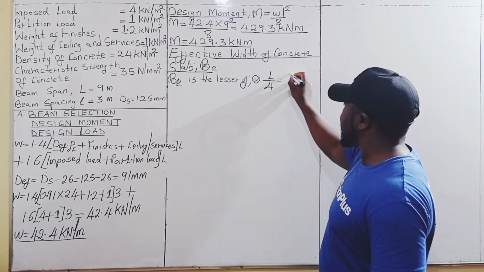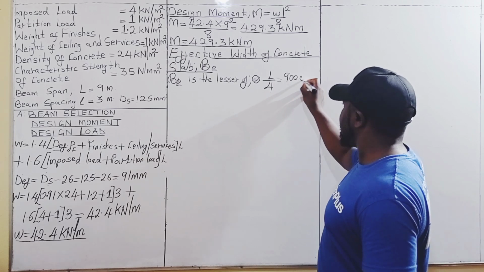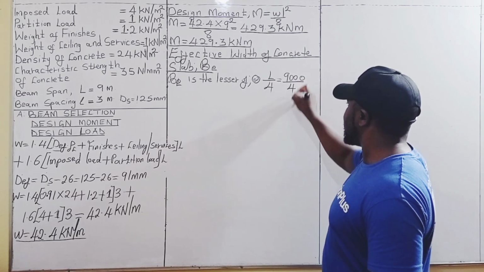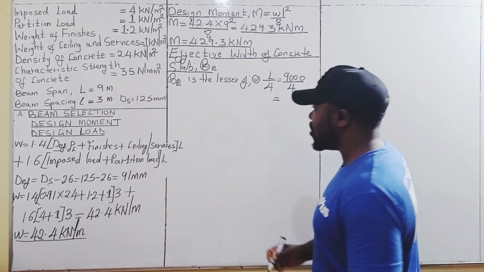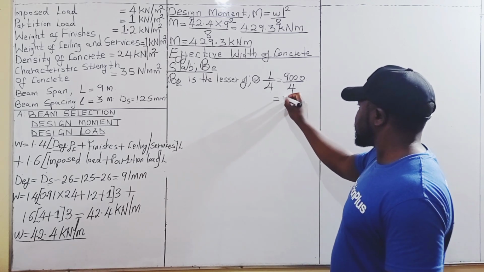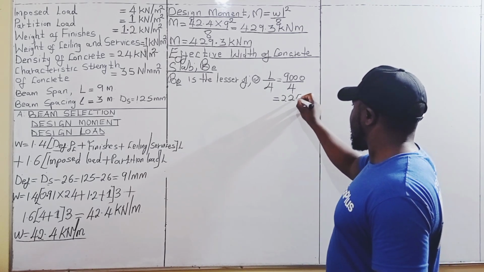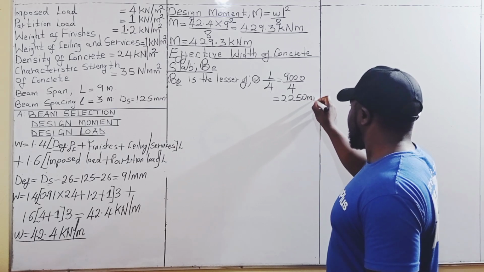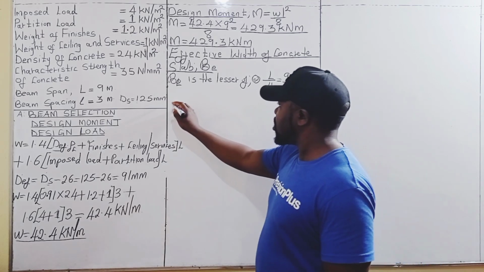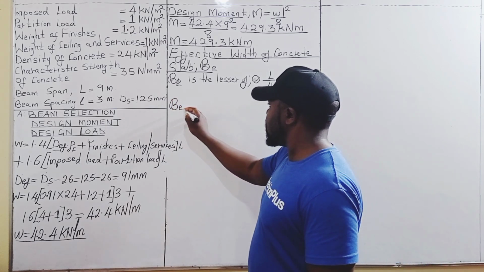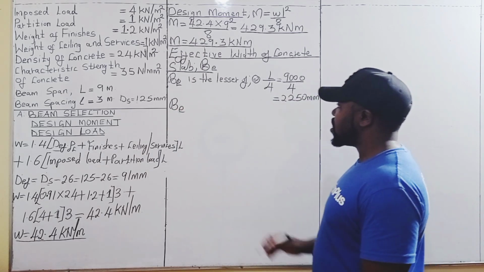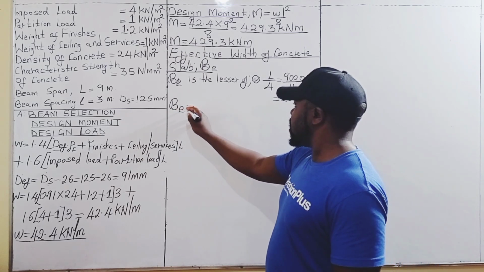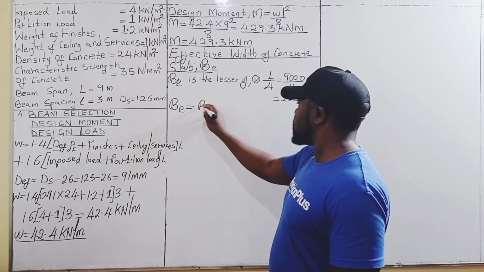We multiply by 1,000. So this is going to be 9,000 divided by 4. And 9,000 divided by 4 is 2,250 millimeters. Or BE, the effective width of the concrete, will be equal to the beam spacing.